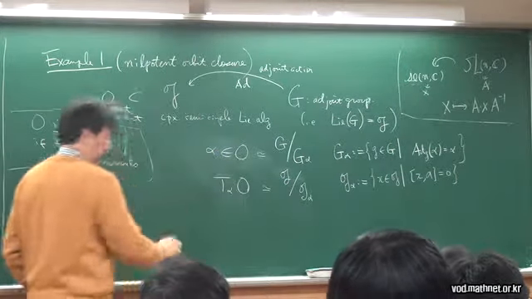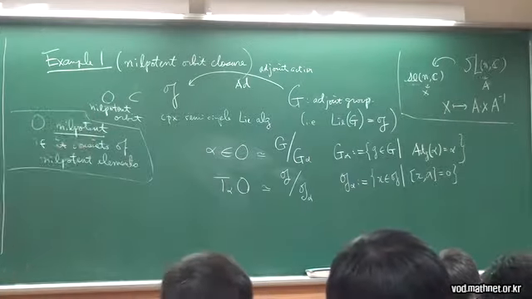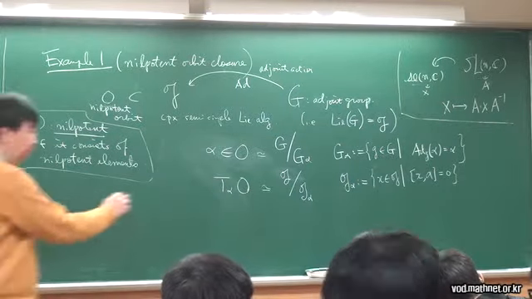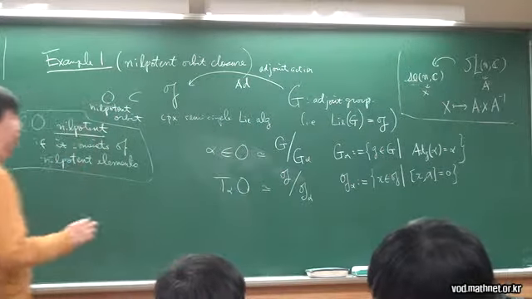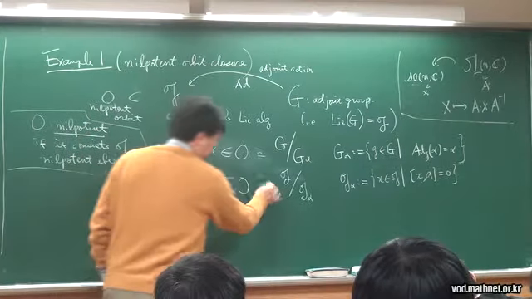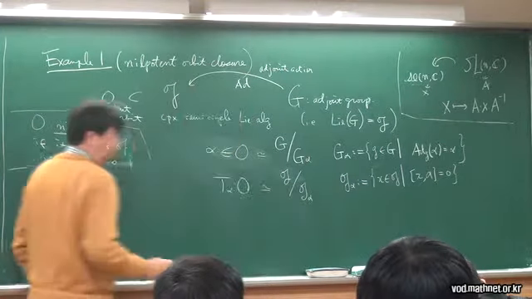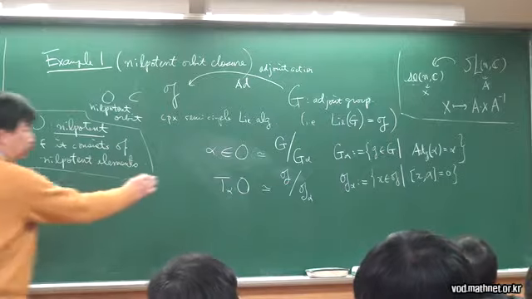So the tangent space of O at alpha is identified with such a quotient space. How do we define a symplectic form on this vector space?